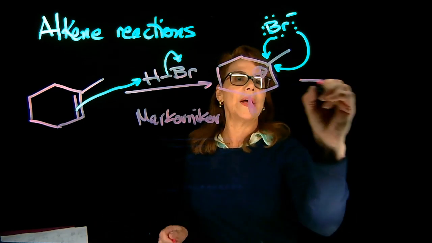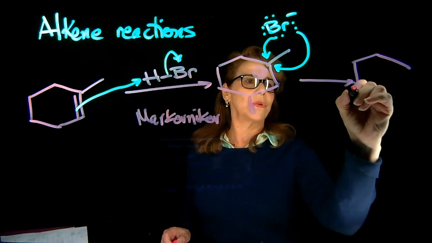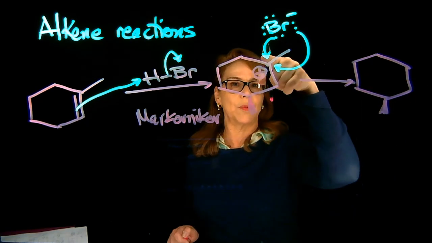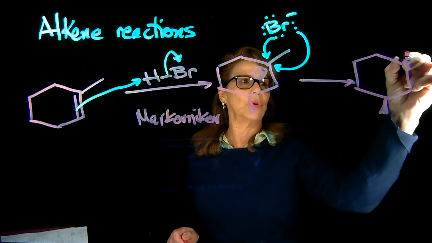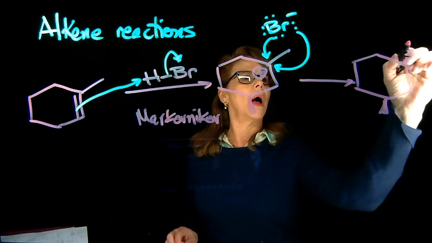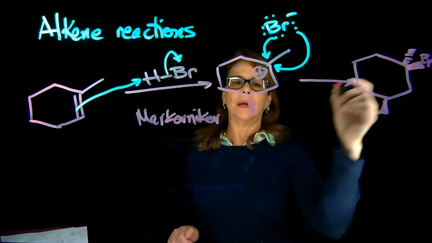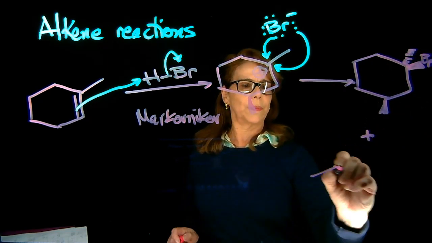So when you do that, you're not touching this chiral center, but here, since you can have the attack from above and below the plane, you will have, for example, bromide and methyl plus the other product.